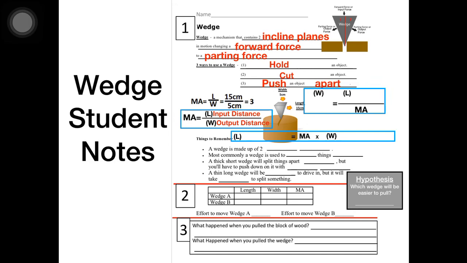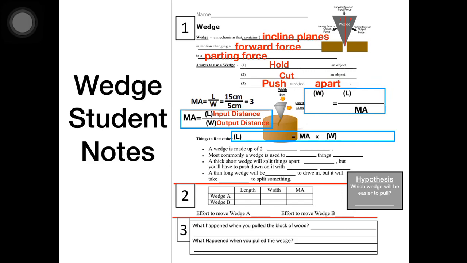The width, the output distance, is how far apart that wedge is going to push the log apart. Okay? So mechanical advantage equals L, input distance, divided by W, output distance. You can think of the L and the W as length and width.